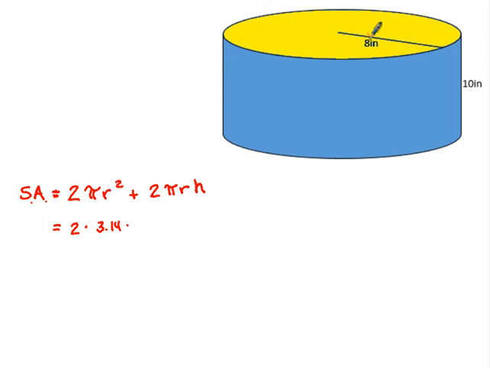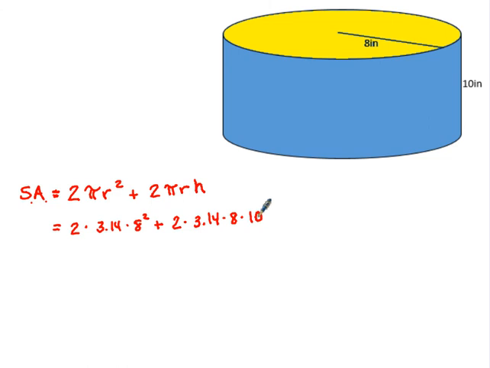The radius in this example is 8, but we must remember we need to square that 8. And we're going to add to that 2 times pi again, 3.14, times the radius, 8, and then times our height, 10.